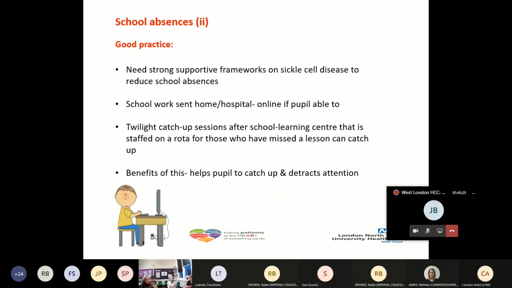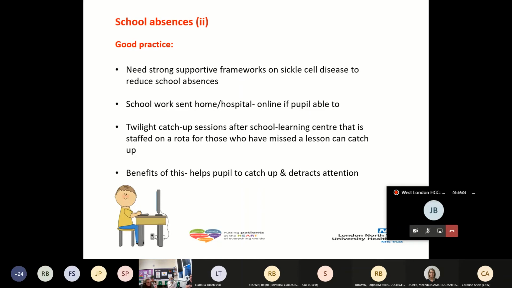So things we can do to support absences or try to minimise them would be about having the frameworks in place, really. So it is having a school health plan that we know we can work with. If the child is off school for a few days, or has been admitted to hospital and is getting better but still not able to return to school, it may be more appropriate if some work can be sent home to them, or some online work, which they've all got used to this year particularly.